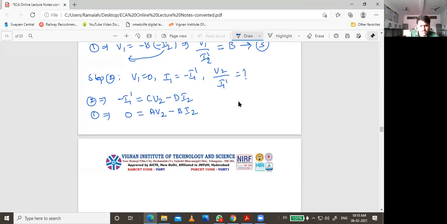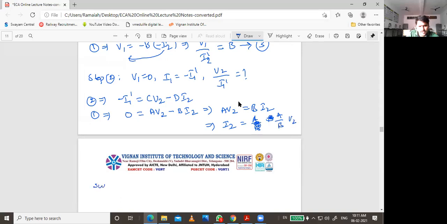So from this equation, AV2 equal to BI2, so I2 equal to A by B V2.